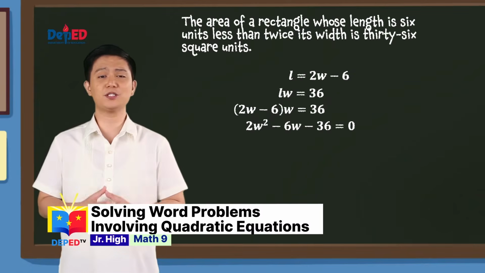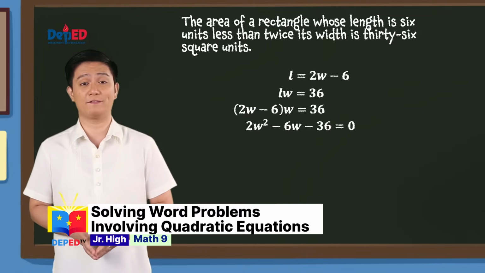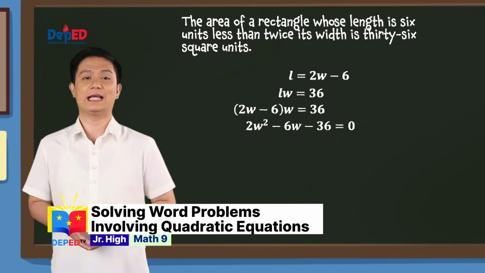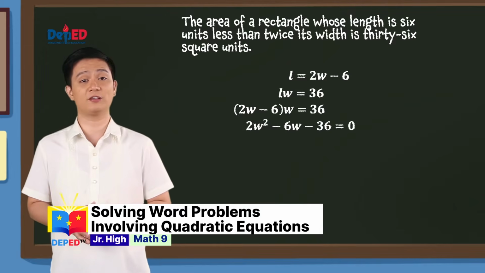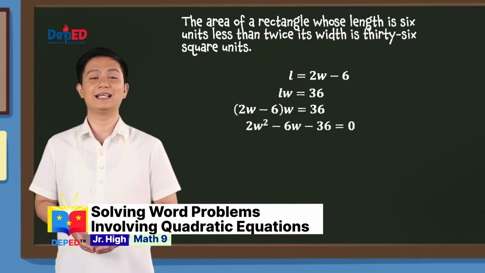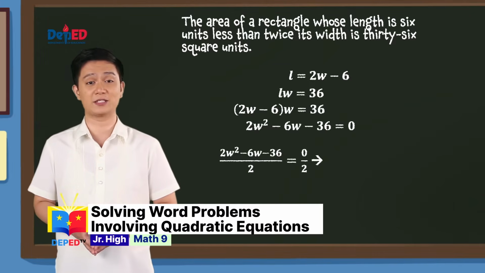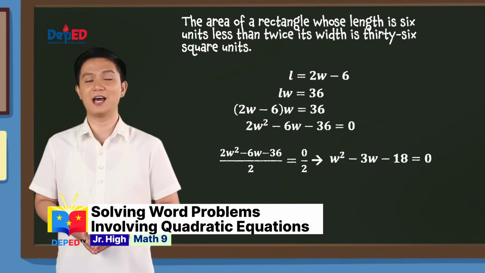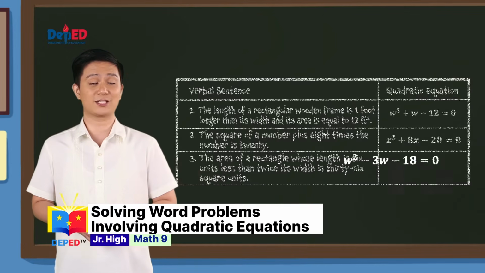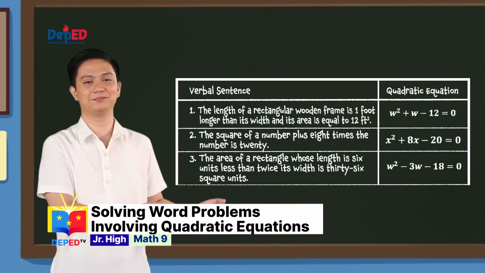But wait, there's more. We can reduce the coefficients since 2, negative 6, and negative 36 are all divisible by 2. So, let's divide both sides of the equation by 2. The resulting equation is W squared minus 3W minus 18 equals 0. Let's record this in the table.